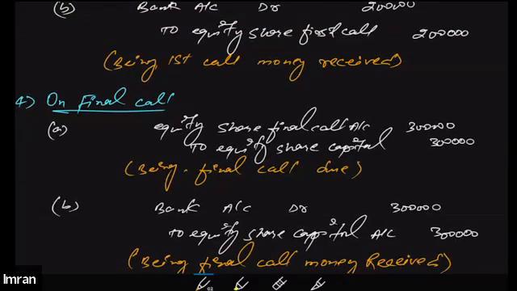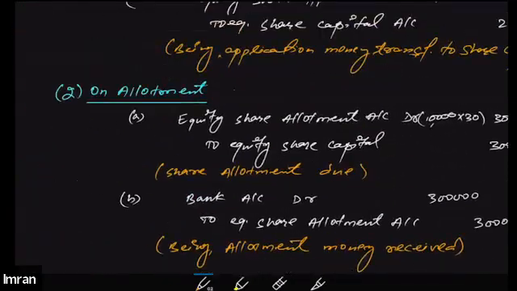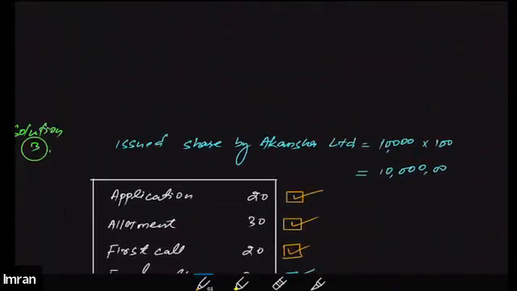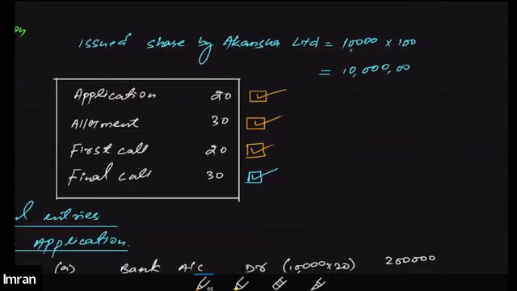Tell me everybody, is everything clear? Anybody having any doubt? Clear, sir. Ayan is asking, why did we multiply issued share by 100? Okay, so Ayan, we multiplied issued share with 100, indicating the total value of share issued.